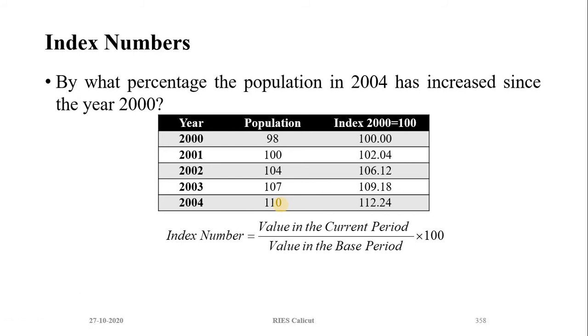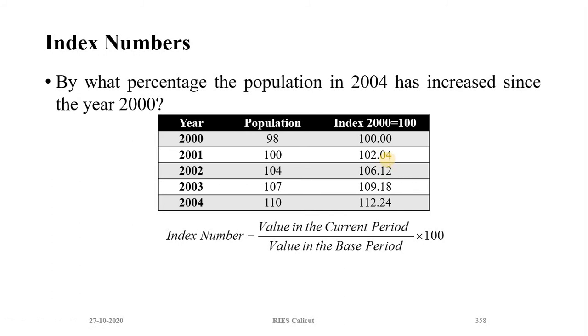These are all different index numbers for different periods. How did we get this 102.04? We got it by considering 2001 as current and 2000 as the base year.